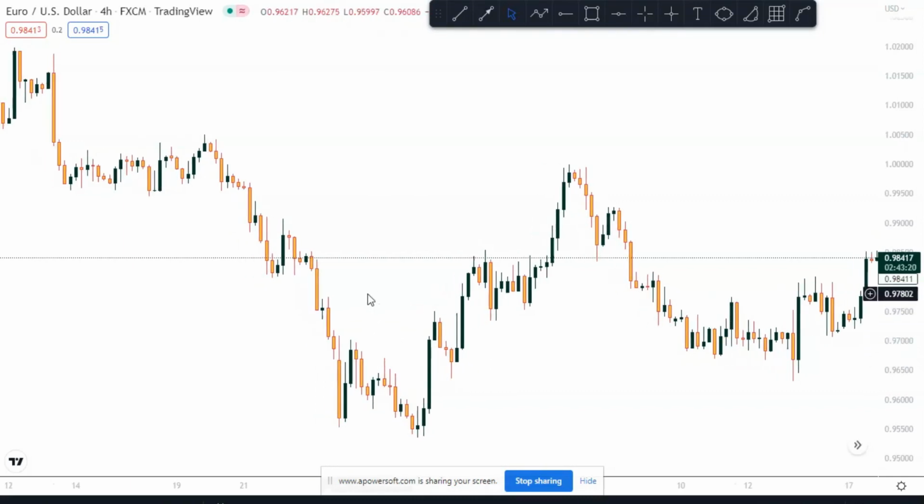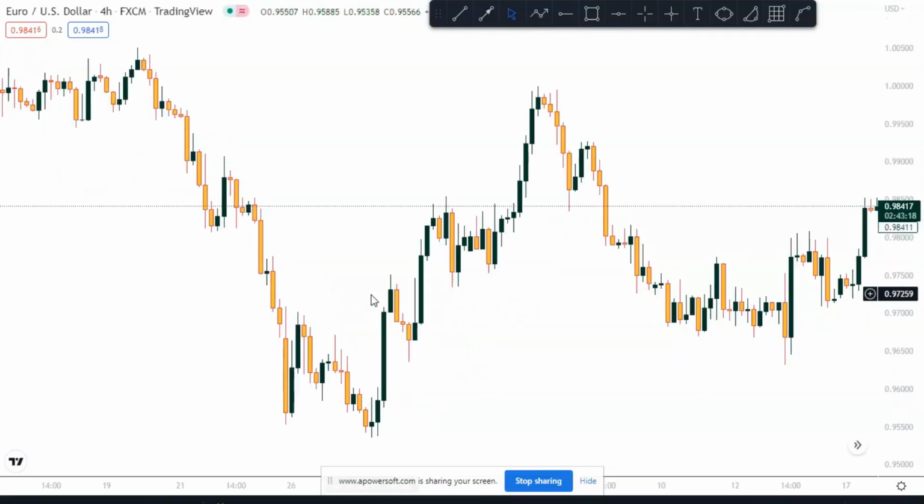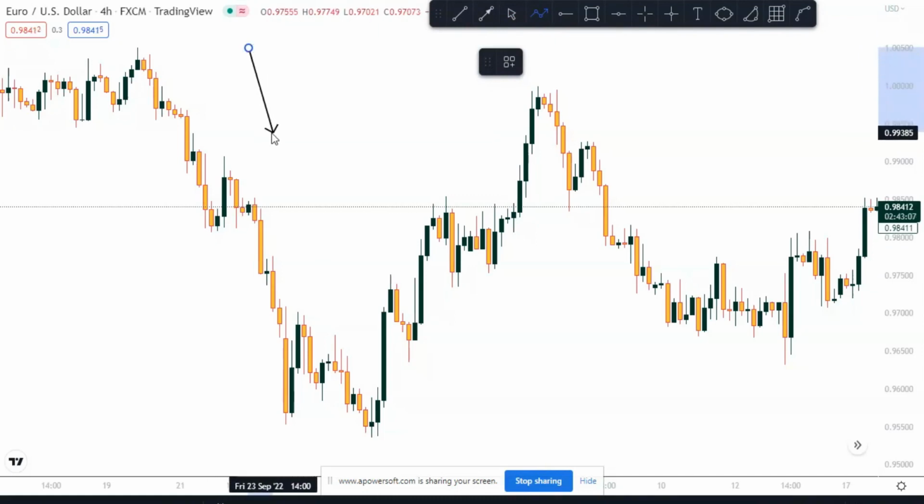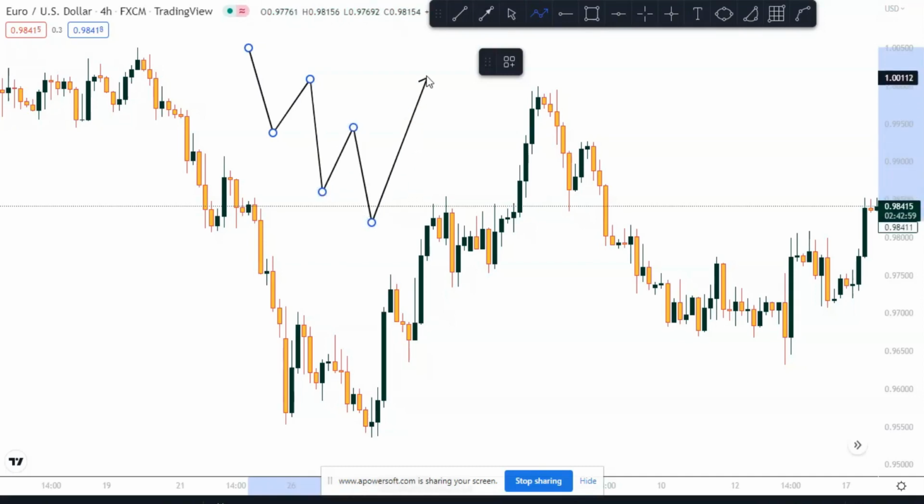Let's start with the pivot created order blocks. Let me quickly illustrate it here. Pivot created: as the market moves, it moves like that, and then it goes up like that.